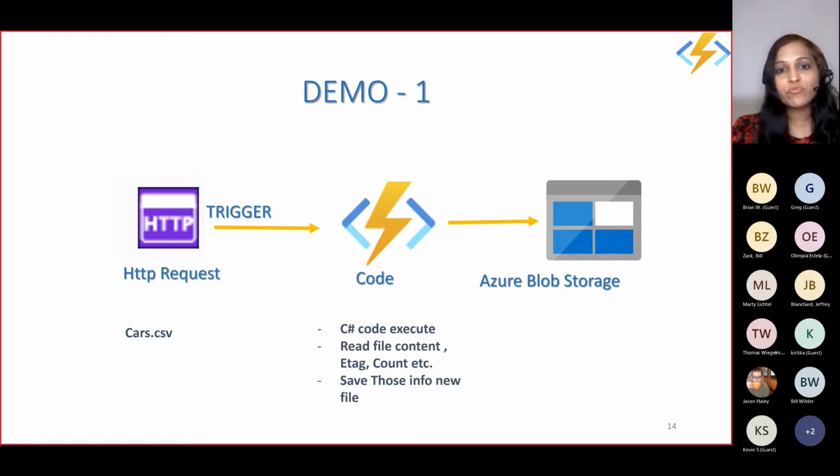My C# function code reads the file content, ETag, count, MD5, and a few properties related to the file from blob storage. Then it generates a separate new file having the summary of each file in that blob storage, and it saves it in the same blob storage, or you can have another blob storage, or some other Azure services as well. So this is the high-level design.